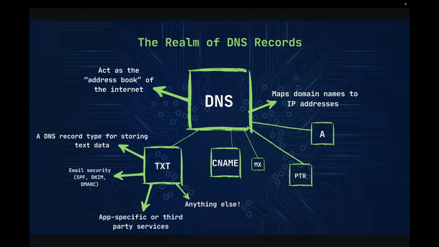It's essentially a DNS record type for storing text data. You have various different types such as SPF, DKIM, and DMARC, which are typically used for email security. In addition to that, we have app security or third-party services, which is what this talk will be about today. And finally, we can have anything else. By anything else, I literally mean anything else. Like you could add a TXT record which says, OWASP is awesome.